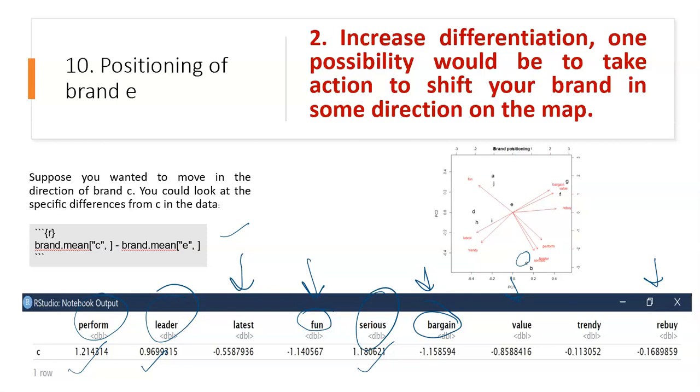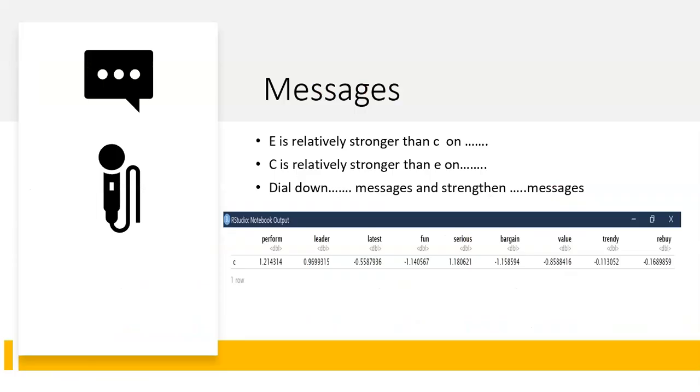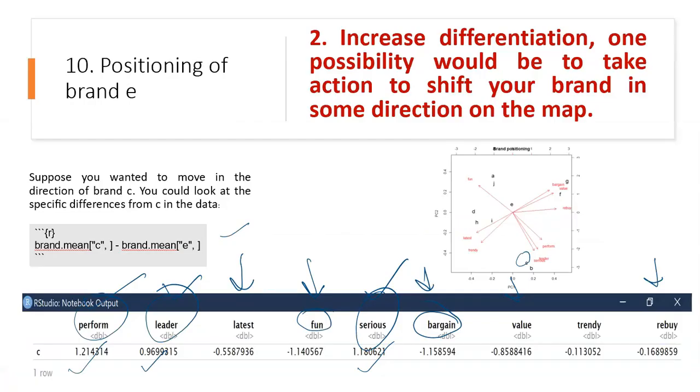So E needs to position itself as a brand which is high on performance, which is a leadership brand, which is a serious brand, and drill down all the messages which are currently talking about fun, latest, or bargain, or value, or rebuy. Okay, so E is relatively stronger than C on latest, fun, bargain, and rebuy.